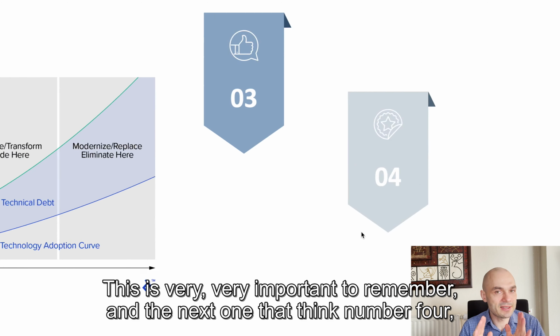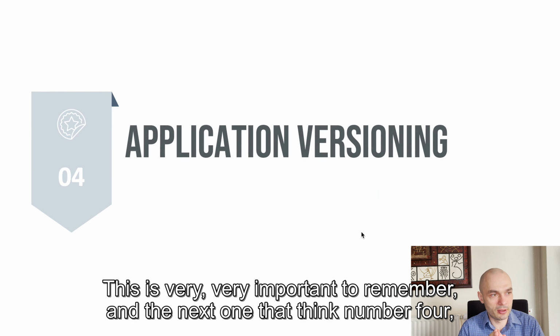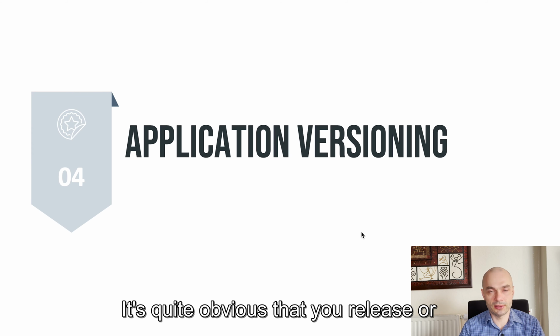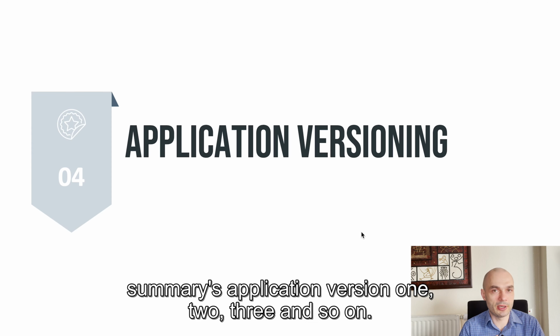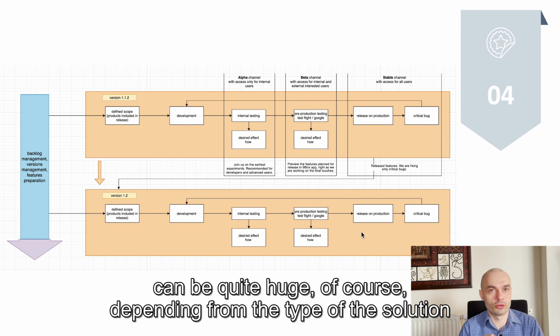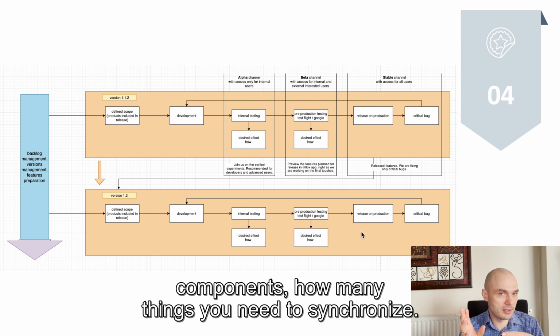And the next one, challenge number 4, is application versioning. What it means: it's quite obvious that someone releases application version 1, 2, 3 and so on, but the process behind it can be quite huge, depending on the type of solution, components, and how many things you need to synchronize.